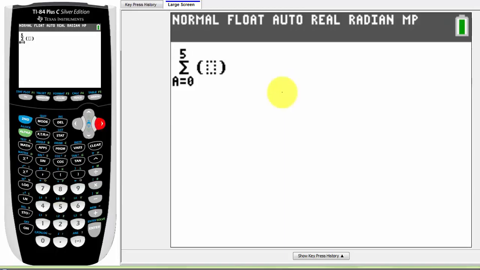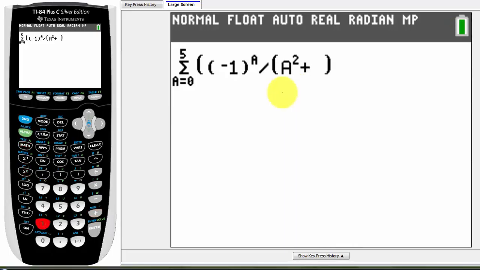Now, the argument is negative 1 to the power of A, so we need to put that in parentheses, negative 1 to the power of my summation index, that's alpha math, A right here, and that gets divided by, so we need to open a parenthesis because we have a sum right here, the index to the power of 2, so that's A squared plus 1. Let's close the parenthesis, and I think that's it. Yep, that should be it.